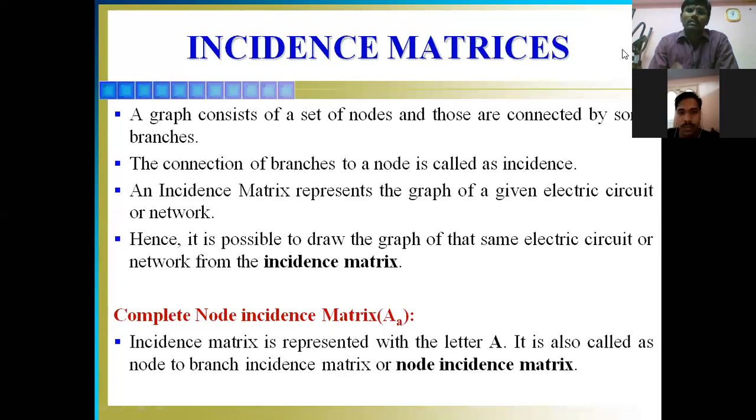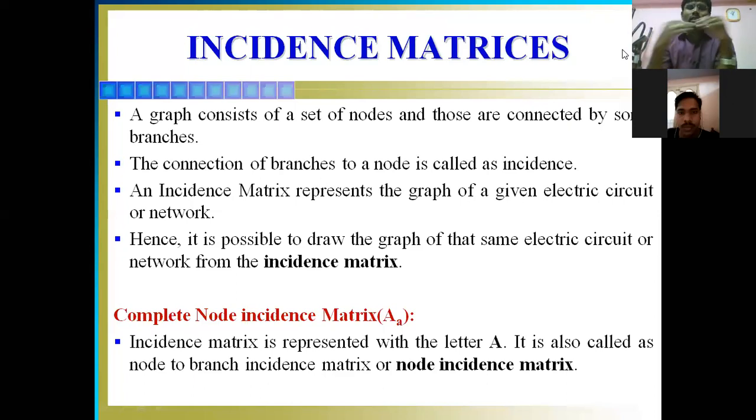Here a graph is nothing but a geometrical interconnection between nodes by the branches, simply with a line. So a graph consists of nodes and branches.